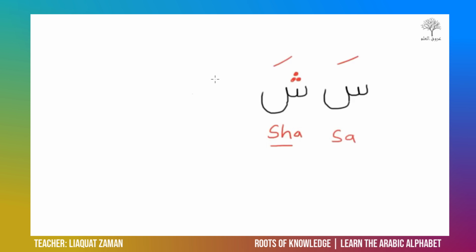Next, we have, now this sound is a sound that comes from the throat. It looks a bit like a throat, a man with a head. So from your throat, you pronounce it as though this is the throat of a person, the head. And this is a similar shape again.